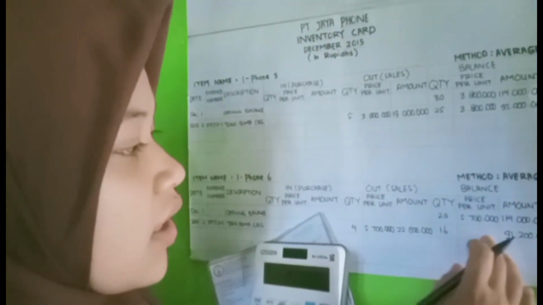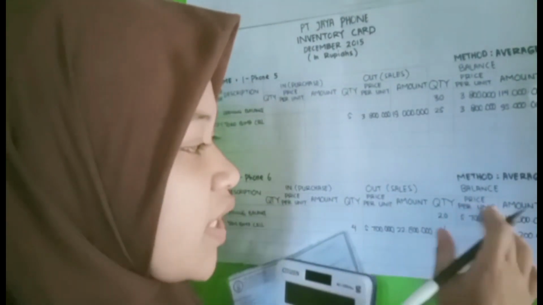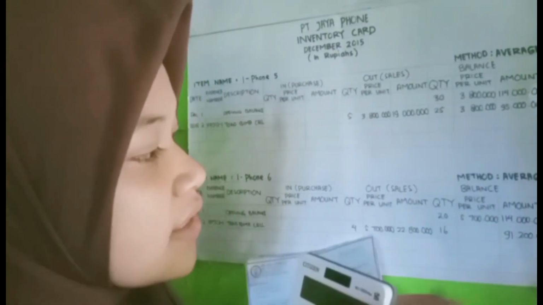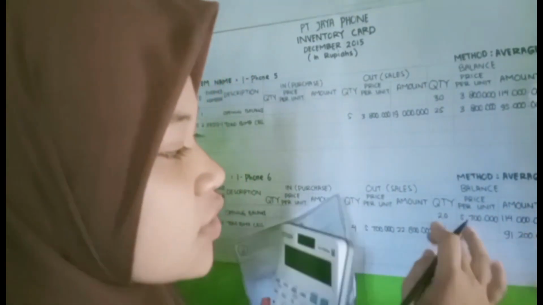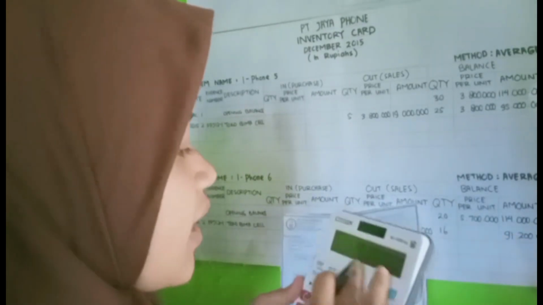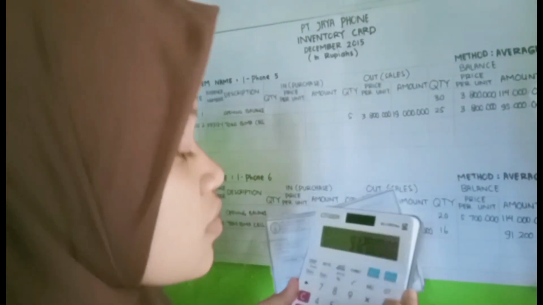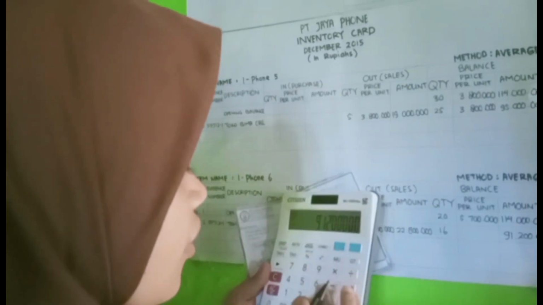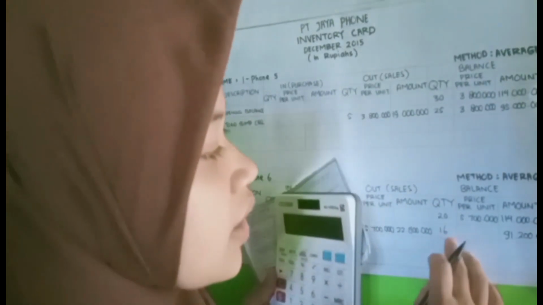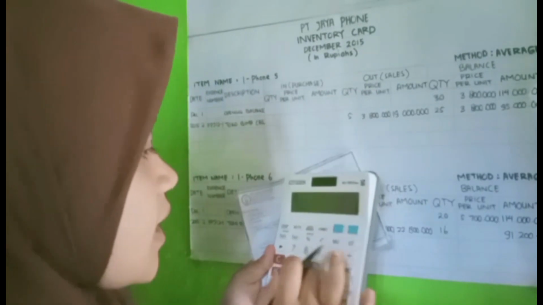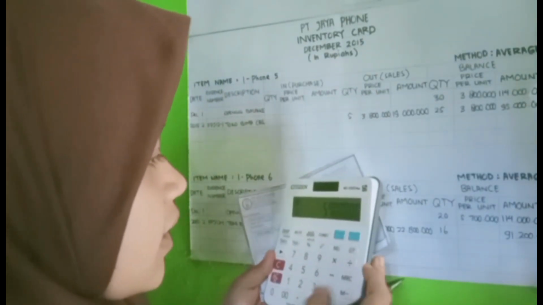To determine the price per unit, we divide the amount by the quantity. The amount 91,200,000 rupiah we divide by quantity 16. It is the same, 5,700,000 rupiah.